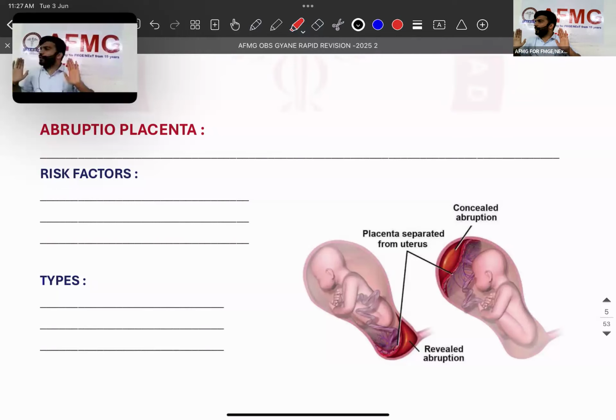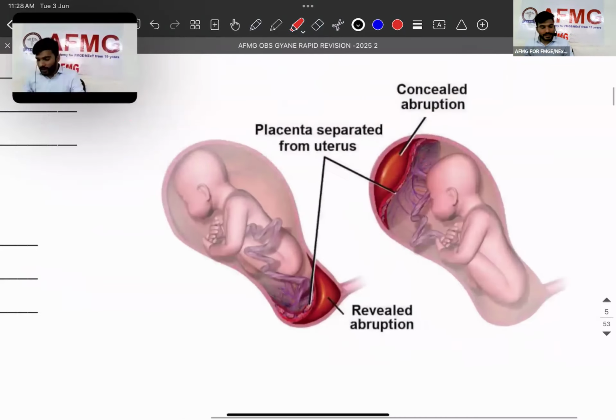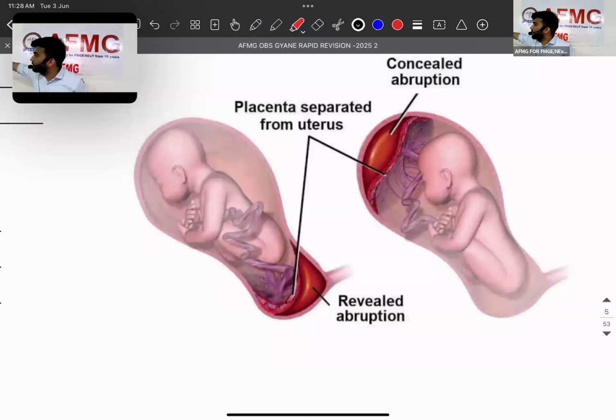The woman is suddenly normal, there are no contractions, and abruptly the placenta detached, due to trauma, multigravida, hypertension. Now when this placenta detaches, there are two things. Either the bleeding will come out.